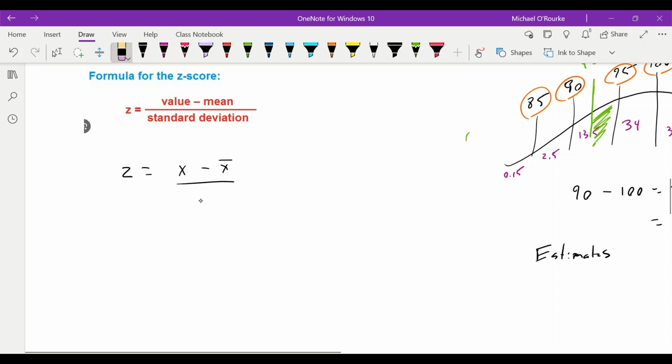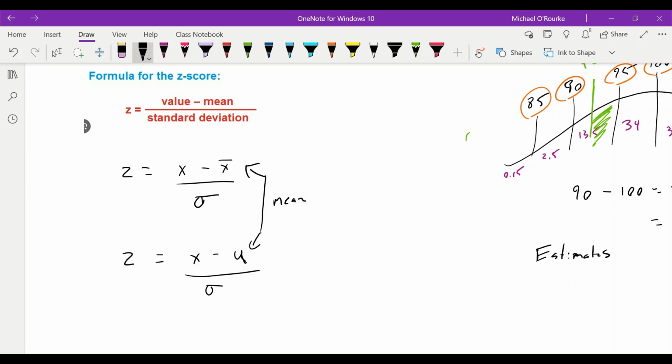Now, you may find other z-scores look like this, and they write mean with a fancy mu. If you see that in any documents, that's also the mean. That also means these two things are the same. They're your mean.